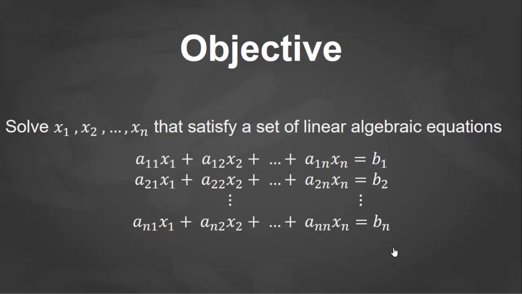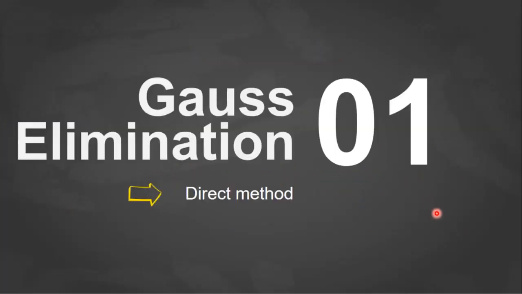Now, we will deal with the case of determining the values of x sub 1, x sub 2 to x sub n, that simultaneously satisfy a set of linear algebraic equations of the form shown here, where the a's are constant coefficients, the b's are constants, and n denotes the number of equations.